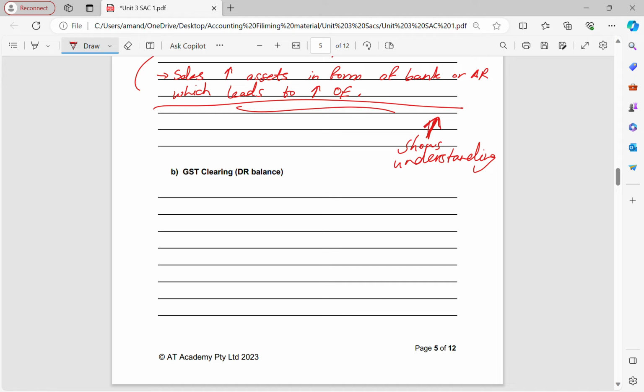GST clearing debit balance. Okay, so the debit balance is obviously a current asset, right?